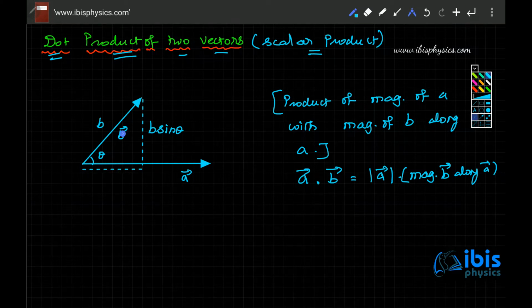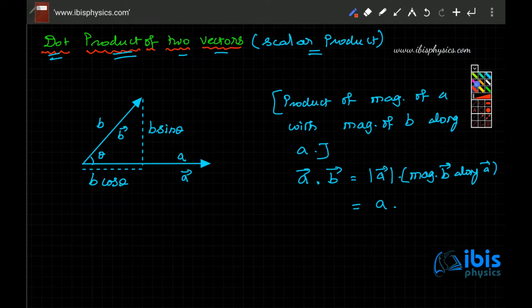If the hypotenuse length is b, the adjacent side of theta is this side. So adjacent side by hypotenuse is cos theta. So the adjacent side is hypotenuse times cos theta, or this is b cos theta. The length of this entire line is equal to a. Now the magnitude of a is a, and b has two effects.